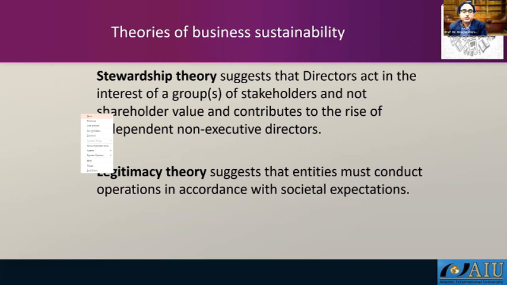So this theory suggests that your business must be legitimate. It should act in a responsible way in accordance with the expectations of society. I do not want any factory damaging my green society.